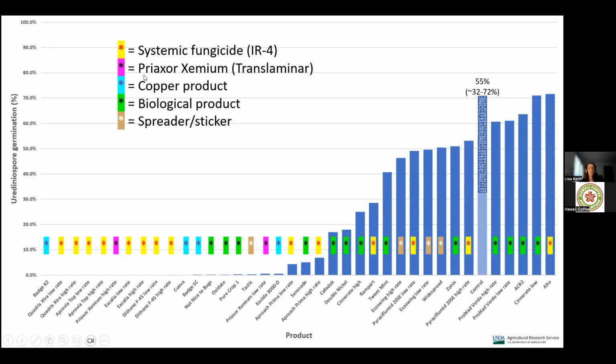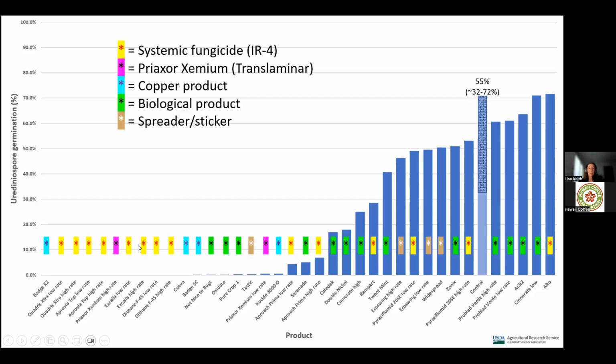So for example, Preaxor in this pink purple, you can see when you're looking at spore germination on this y-axis versus all of these different products. You can see Preaxor very effective at inhibiting spore germination, as are a lot of other things.